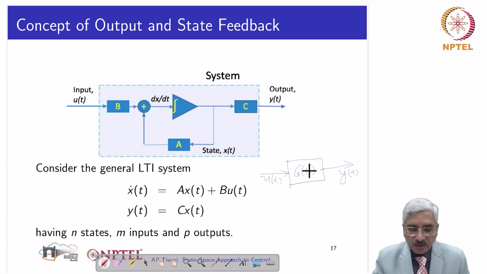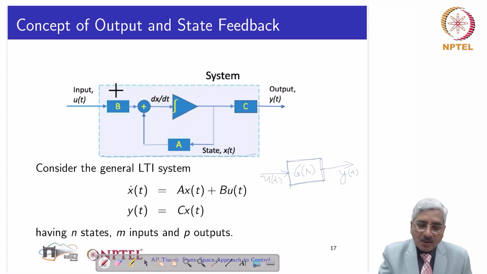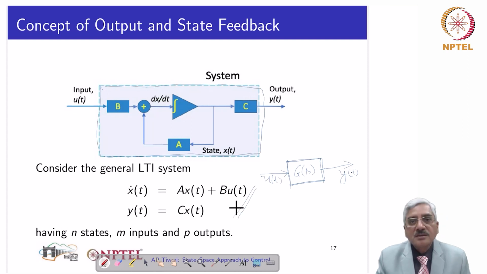In case of the state feedback approach or state space approach, the system representation is like this. You can see that inside the G(s) we may have this. So essentially these mathematical equations are shown here like this.